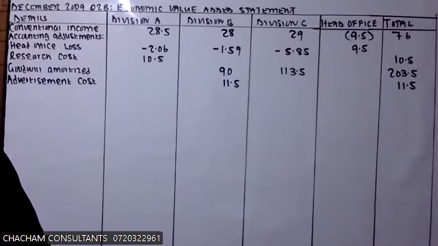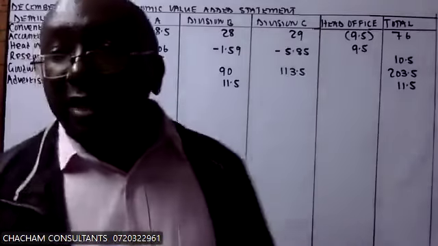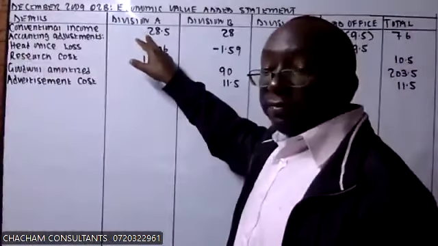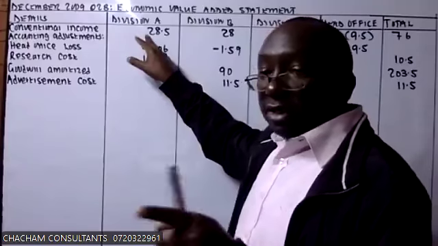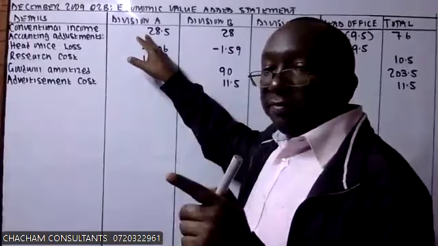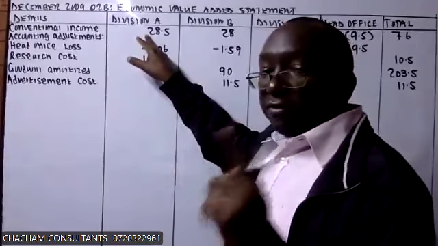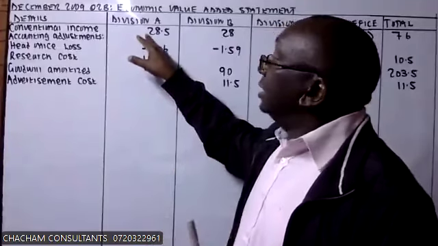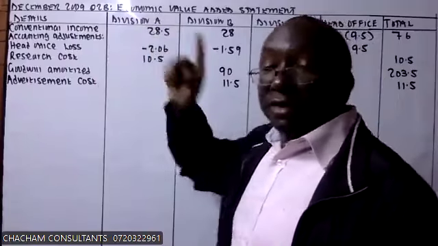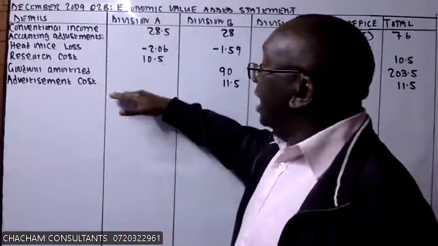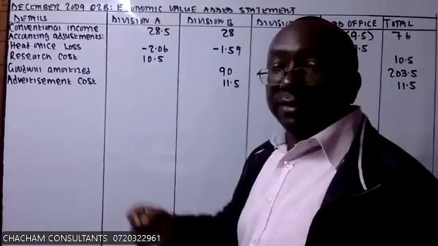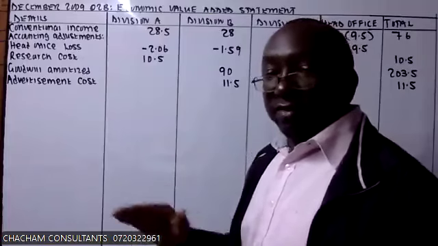So it's good you take note of those two things. Now that we started with profit before interest, we are not going to add back those interests because they have not been subtracted. But if we had started with profit after, we would have added them. Number two, now that this is profit before tax, we should charge tax here, but this question has not mentioned how to charge tax, so we leave it that way.